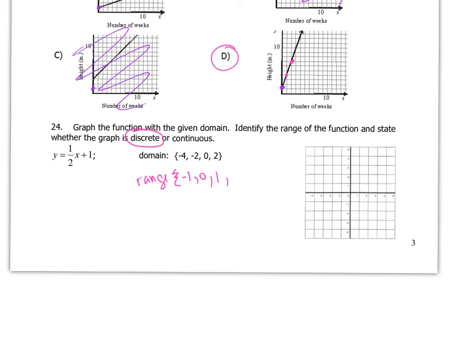And then with 2 is going to be a 2. So I know my ordered pairs are then going to be -4, -1, and then -2, 0, then 0, 1, and then 2, 2. And I would not draw a line between it because it only gave me 4 points.